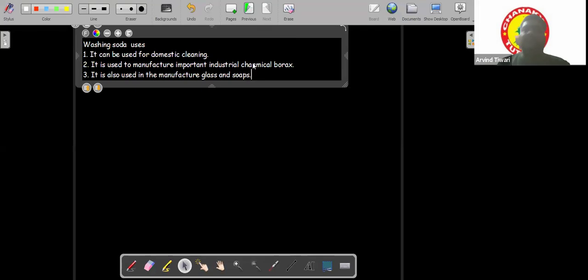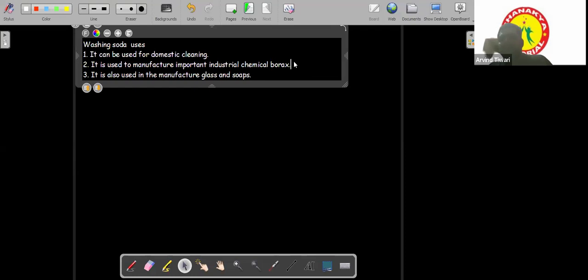Borax is an industrial chemical which is used as a reagent in different chemical processes. Most chemical processes use borax to manufacture some other chemicals, and borax itself is manufactured with the help of washing soda. Got it? So that is the second point.